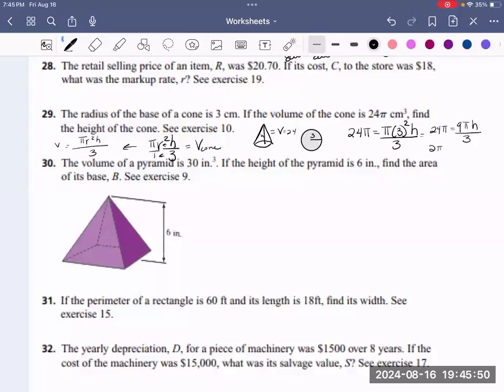So we have 24 pi is equal to 3 pi h. 3 pi is being multiplied by h, so we're going to divide it out. Your pi's can cancel, so now it's just 24 divided by 3, which is 8, your height.